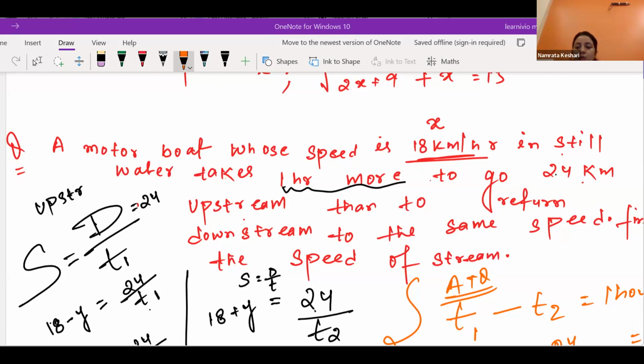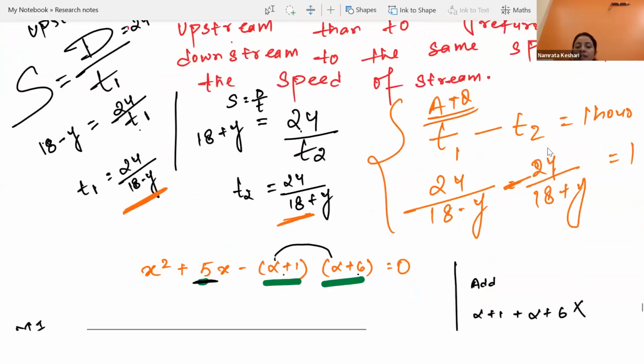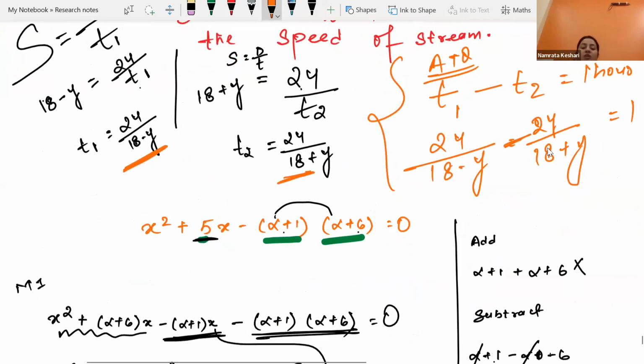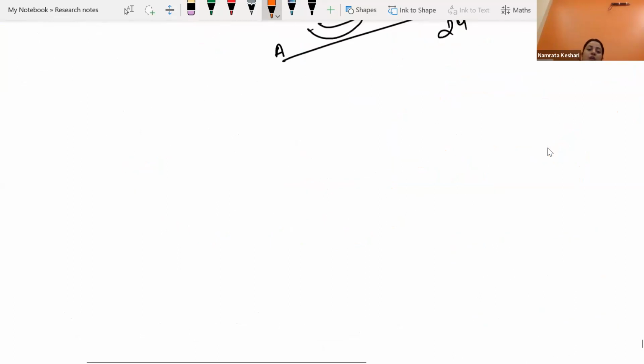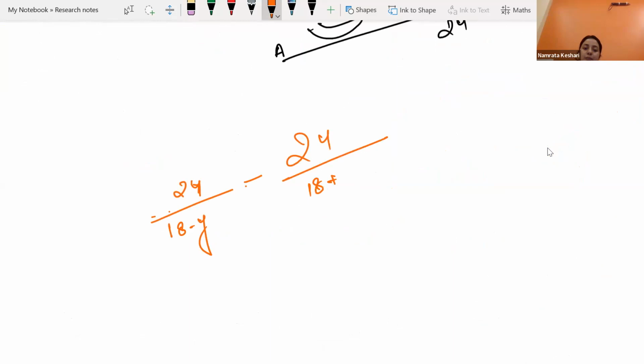Now you have to solve this equation. 24 by 18 minus y minus 24 by 18 plus y is equal to 1. Let's solve it quickly.